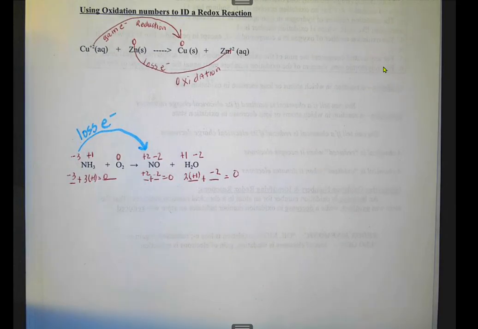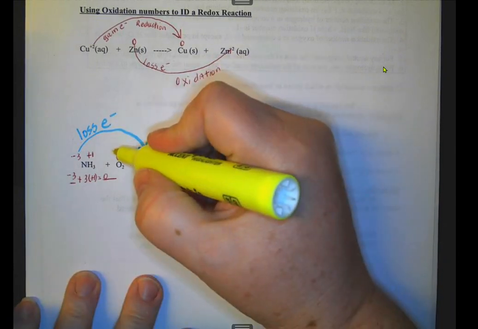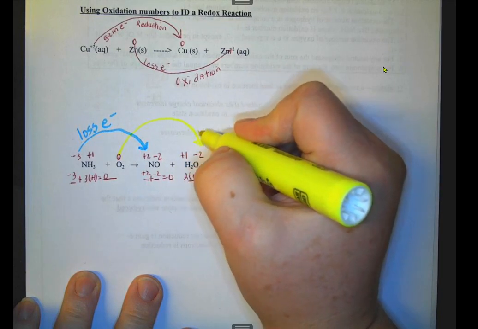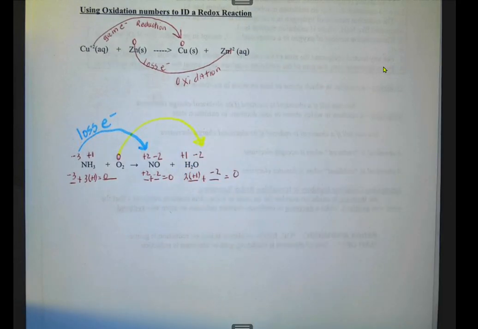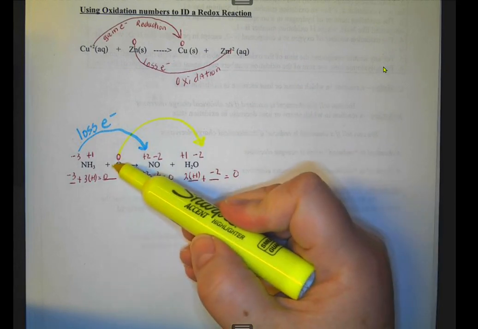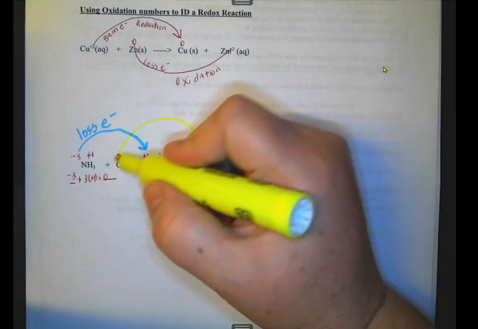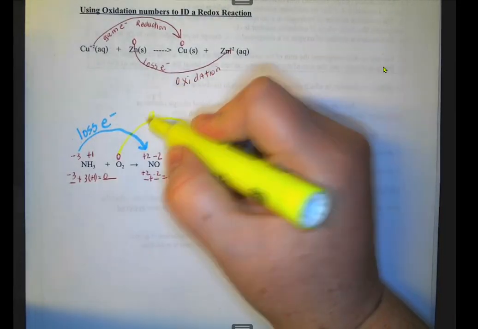Now, if I look at oxygen going from the reactant side to the product side, oxygen on the reactant side had a 0 oxidation state. On the product side, it had a -2 oxidation state. So I went from having the exact right amount of electrons that oxygen is supposed to have to having extra electrons. So oxygen would have had to gain electrons.